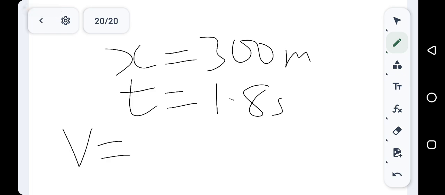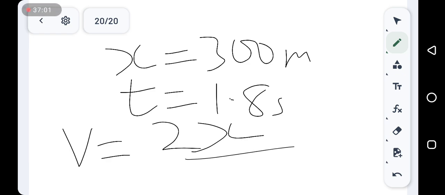So if x is equal to 300, then the total distance it travels is going to be 300 times 2. So the formula for echo sound is V is equal to 2x over t. So whatever distance that they give you, you multiply it by 2 and divide by time.